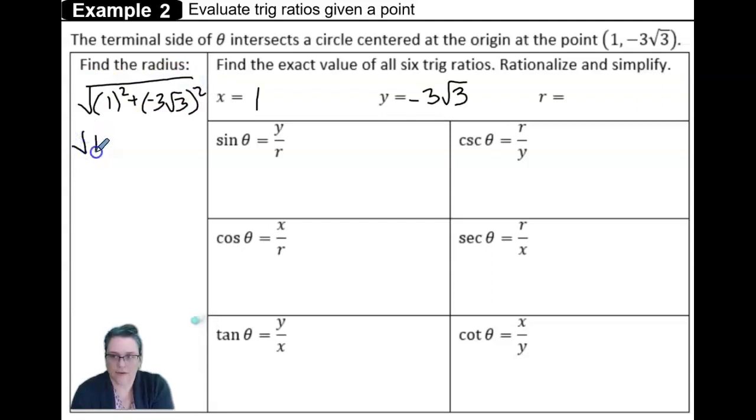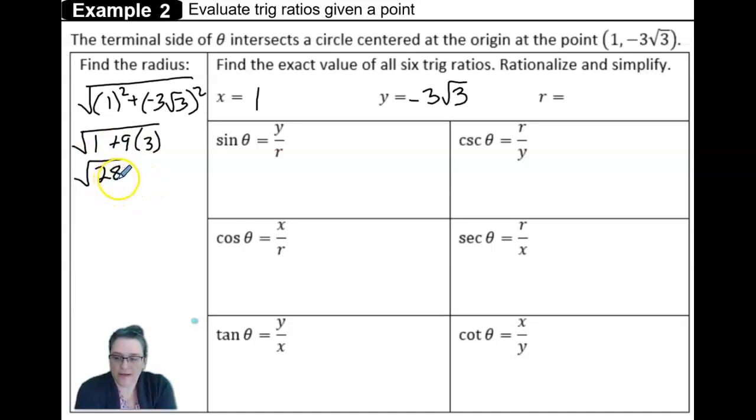And 1 squared is 1. And then -3 times -3 is positive 9. And the square root of 3, quantity squared, is 3. So that's going to be the square root of 28.